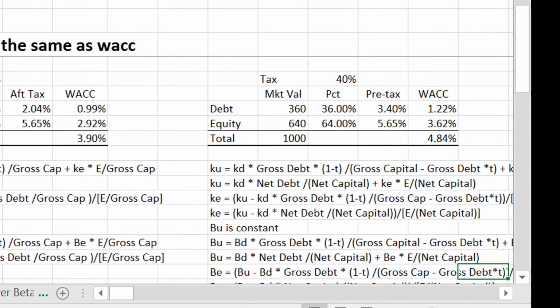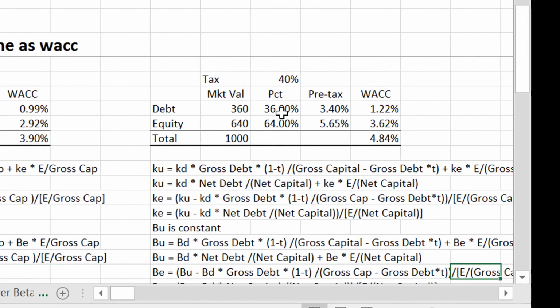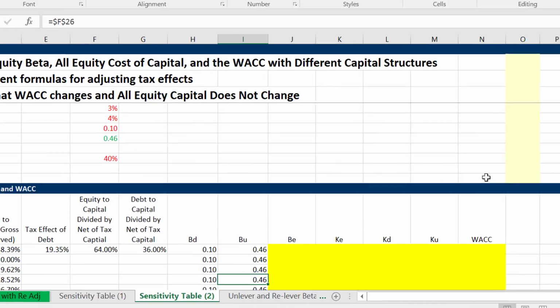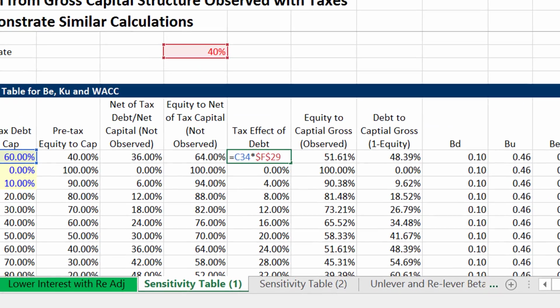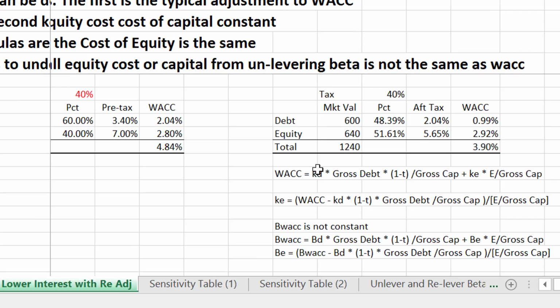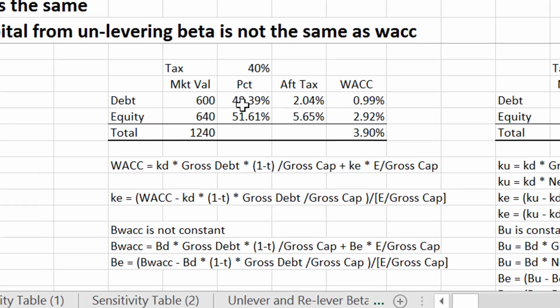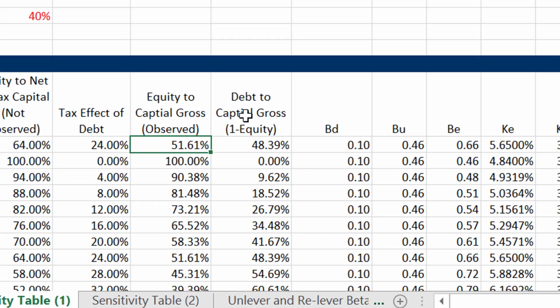That's our adjusted capital structure right here. And then you can say the tax effect of the debt is this. So when I go back to the gross method, I need to say the equity went up. So I take the equity to capital with the net method and increase the denominator, which makes the equity to capital look a little bit less in this one. And then we can take 1 minus that and get the debt.